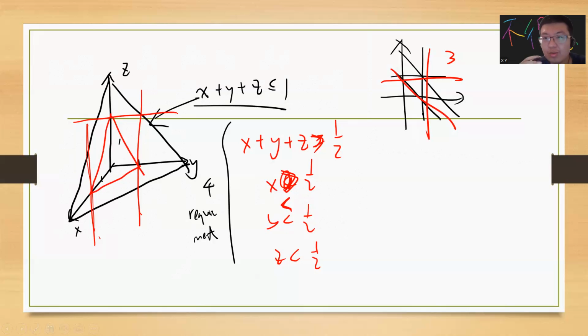Okay, so what's the result? The result is the total tetrahedron minus 4 regions.